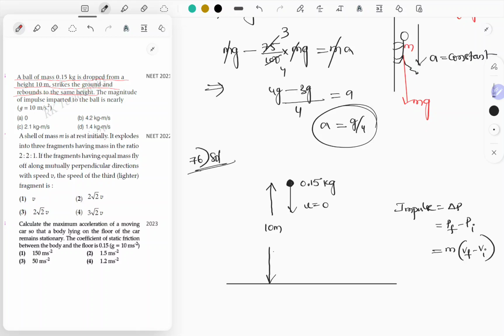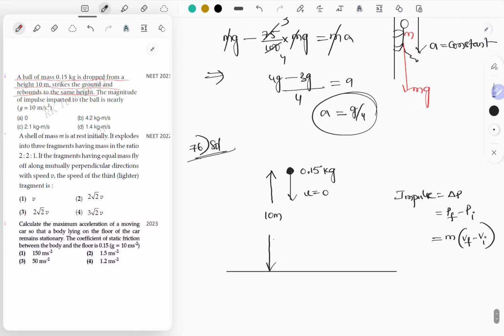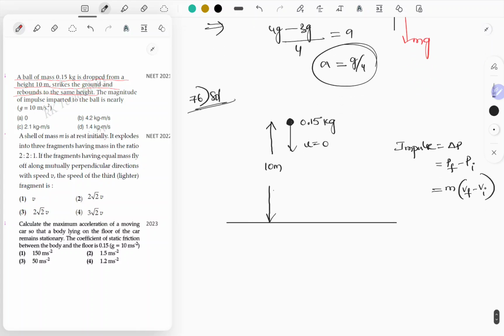Vf is the velocity after rebound, Vi is the velocity before rebound. Let me find the velocity with which it is going to hit the ground. How to find the velocity? We can use the equations of motion: v square is equal to u square plus 2as.